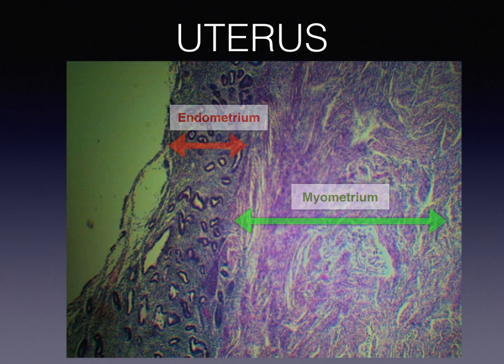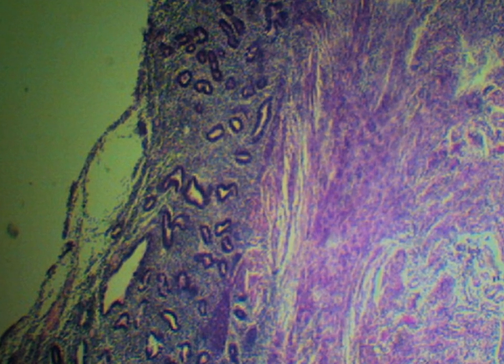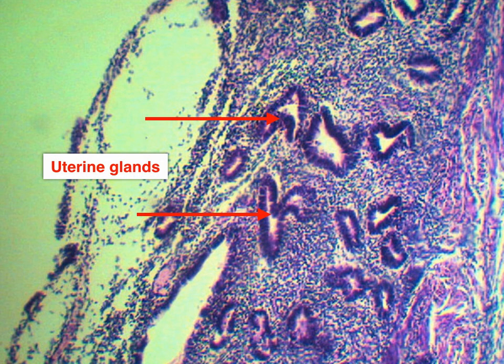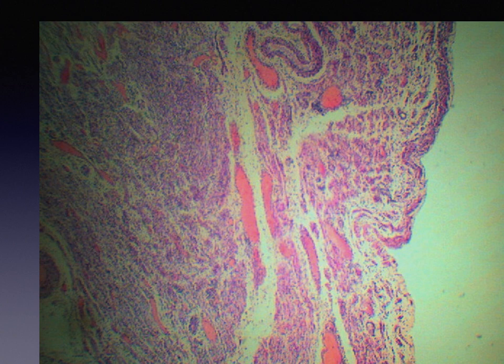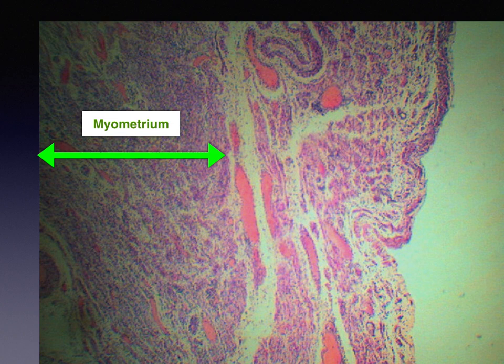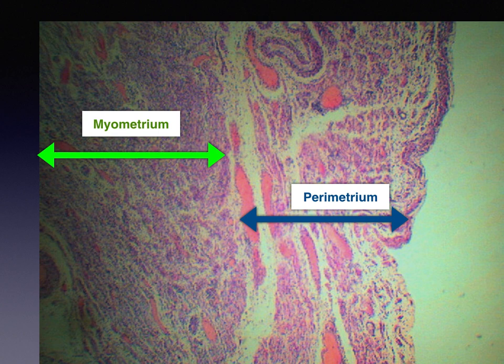Focusing on the endometrium are the presence of the uterine glands, which is a simple tubular glands. Next, we have the myometrium with indistinct sublayers made of thick, smooth muscles with blood vessels. And lastly, we have the perimetrium or the serosa, which is lined by the mesothelial cells.